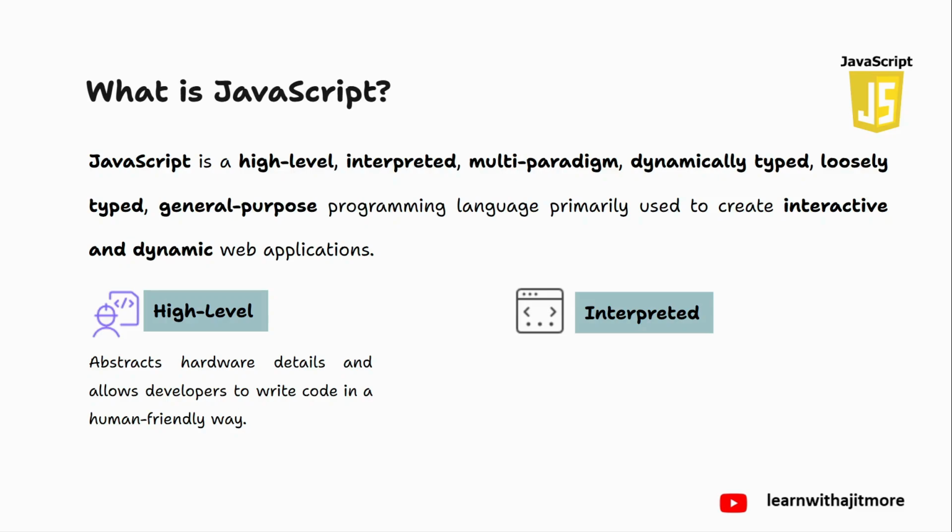If yes, translate to machine code, execute. It is already done in the browser. There is a JavaScript engine incorporated in the browser, and it will do the execution. It will take the statement, translate, execute. Take the statement, translate, execute. So it follows the interpretation policy.